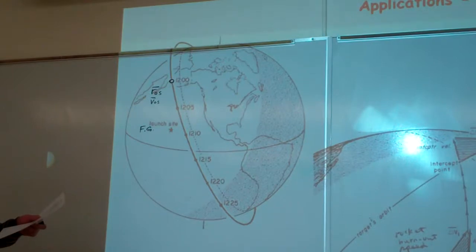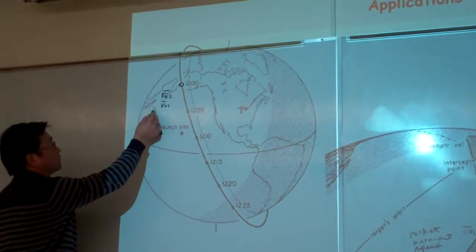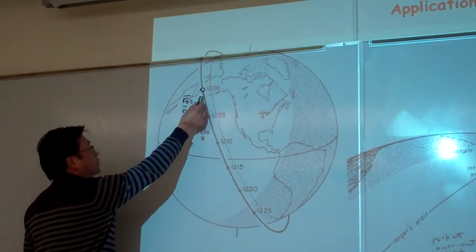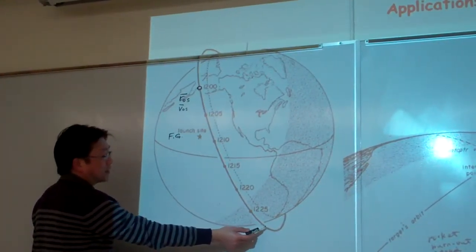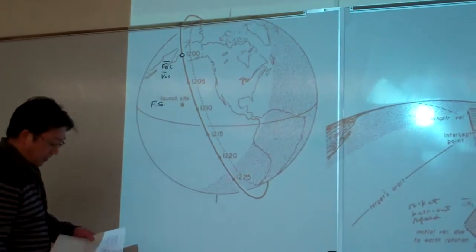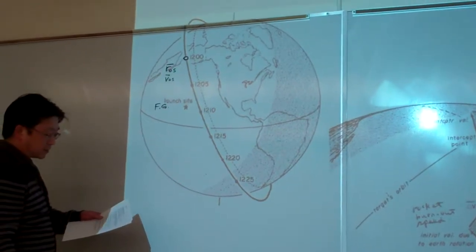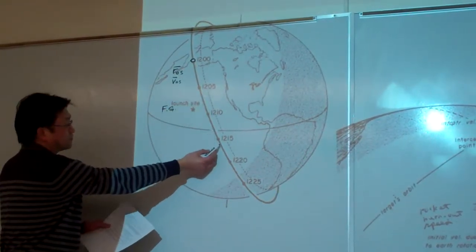Based upon this information, part A is, using the detected information, to calculate the orbital elements for the orbit of the satellite. I ask you to input the semi-major axis A, the eccentricity E, and the period T for this orbit.